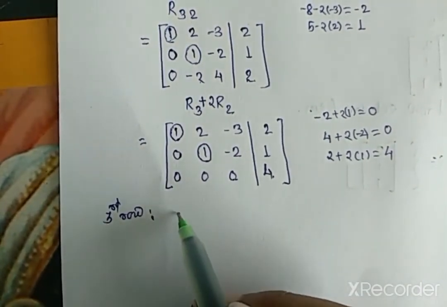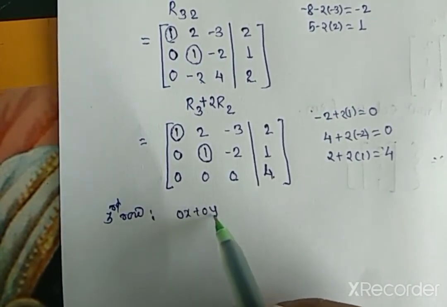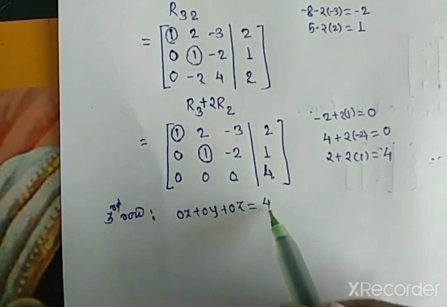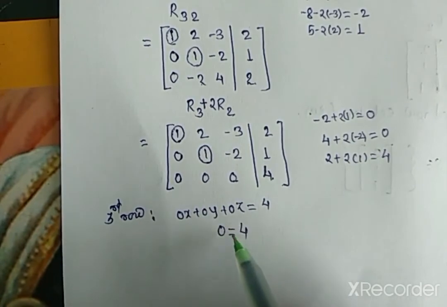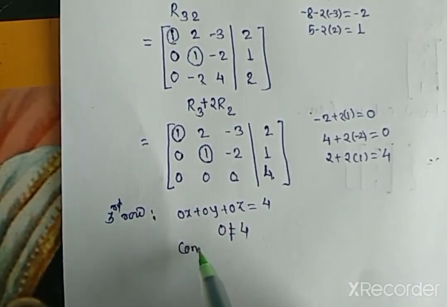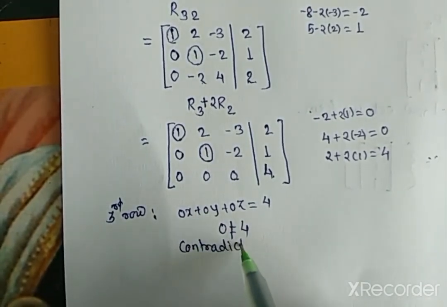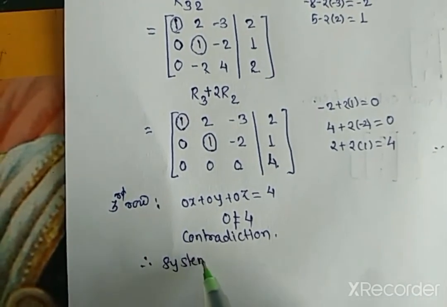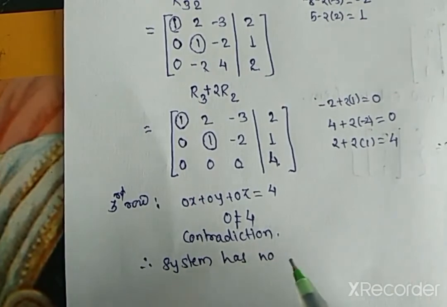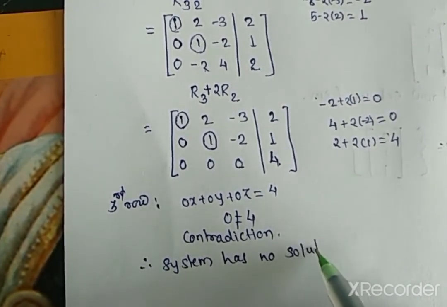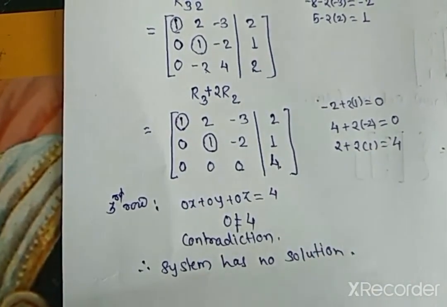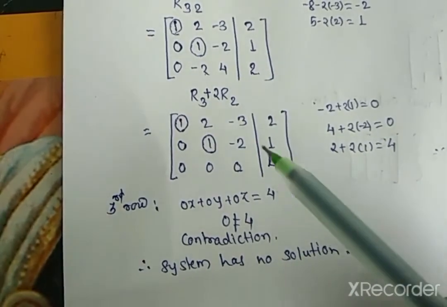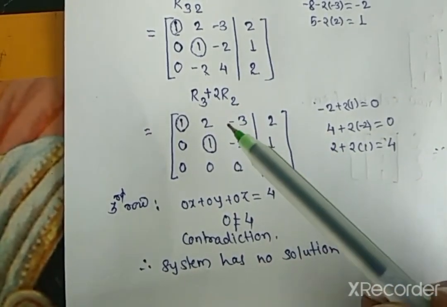So from the third row we can say that 0x plus 0y plus 0z is equal to 4, which means 0 is equal to 4, which is not possible, which is a contradiction. Therefore the system has no solution. There is no need to go to reduced row echelon form.